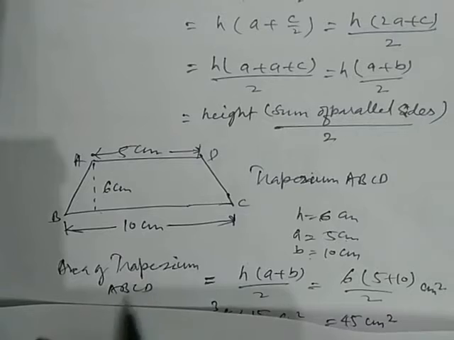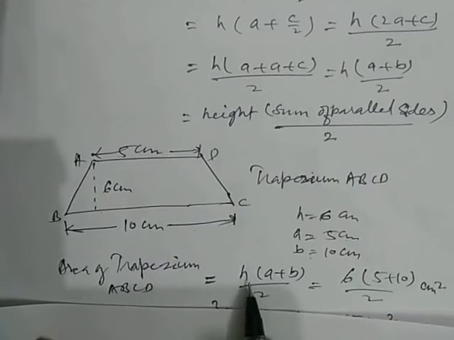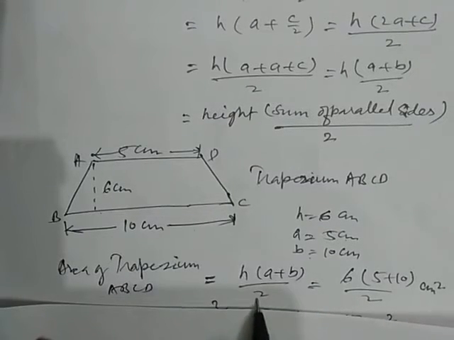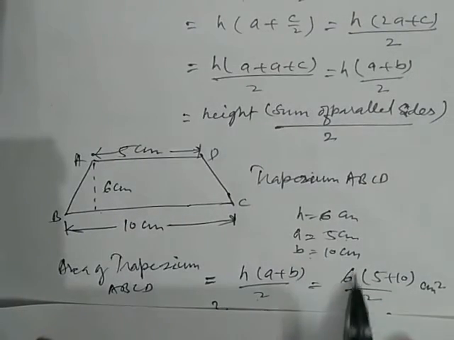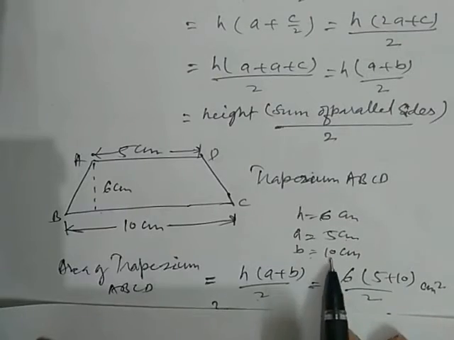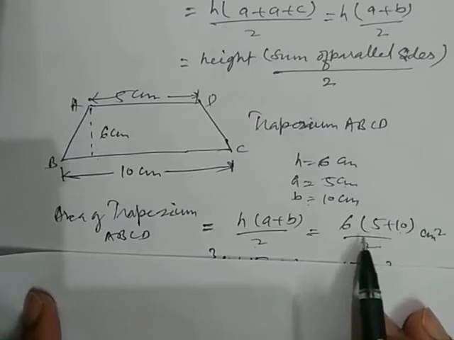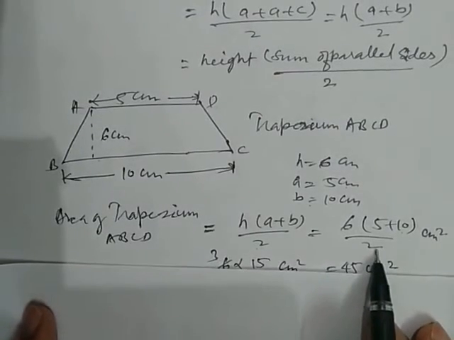And we know the area of trapezium ABCD is height into sum of parallel sides by 2. So put the values: 6 for h, and 5 and 10 for a plus b. So 6 into (5 plus 10) by 2.